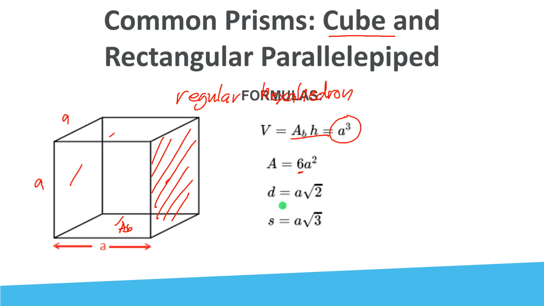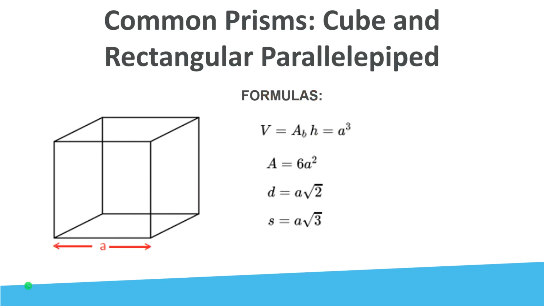For the face diagonal D, the face diagonal here is this one. If we choose one face and take the diagonal of that face, this one is the face diagonal.